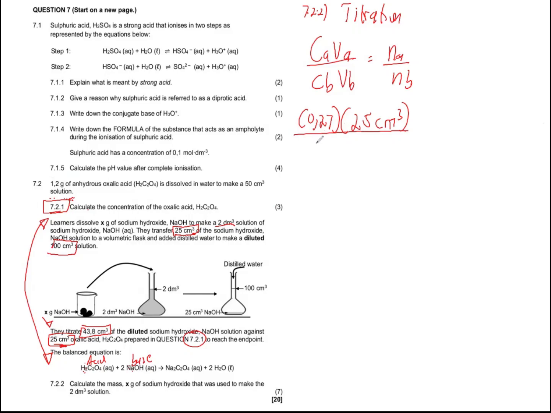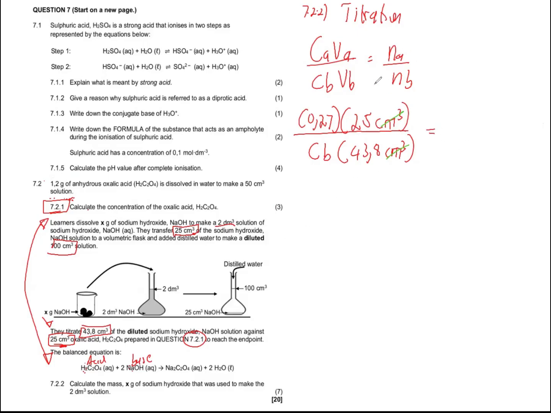Do I have the concentration of the base? No, that's what I'm looking for. The volume is 43.8 cm³. I'm not converting those because cm³ will just cancel with cm³, so at the end of the day, it's all the same.